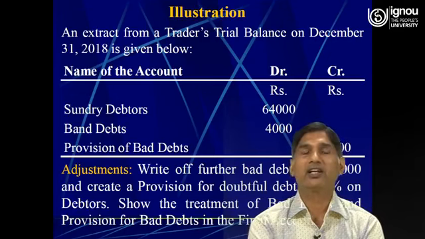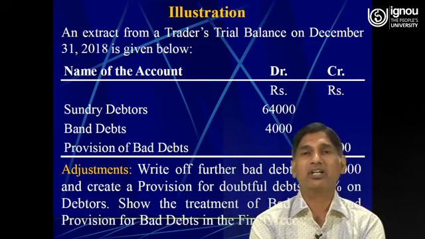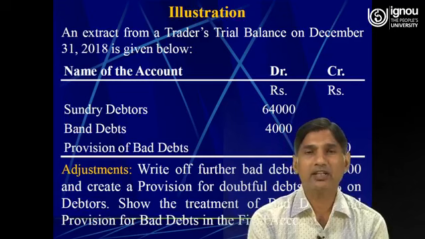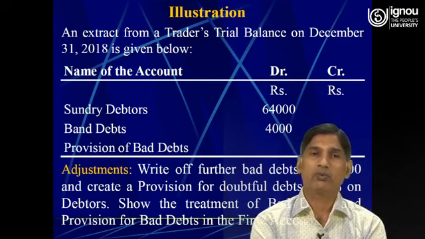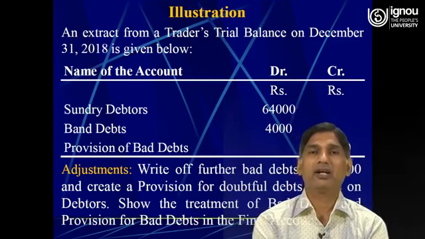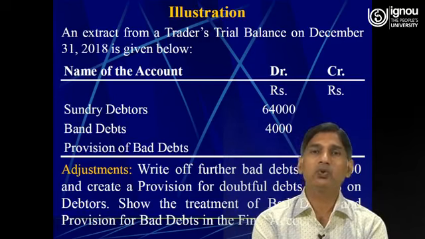So it's very clear, friends. First of all, we will deal with it in the debit side of the profit and loss account. Here we have a very simple equation: bad debts 4,000 plus further bad debts 2,000 plus new provision.